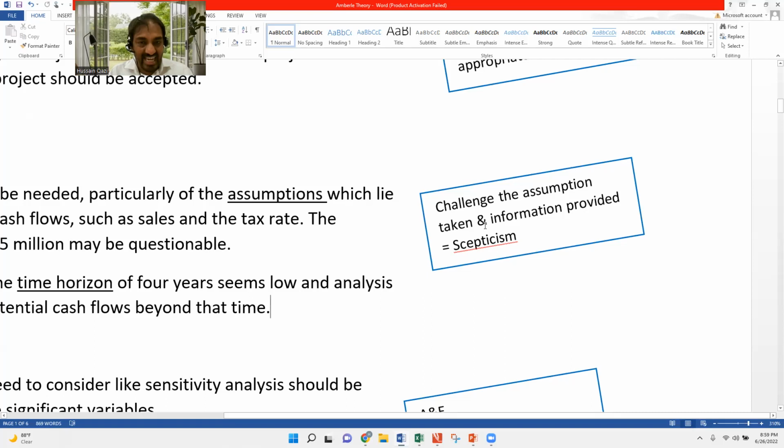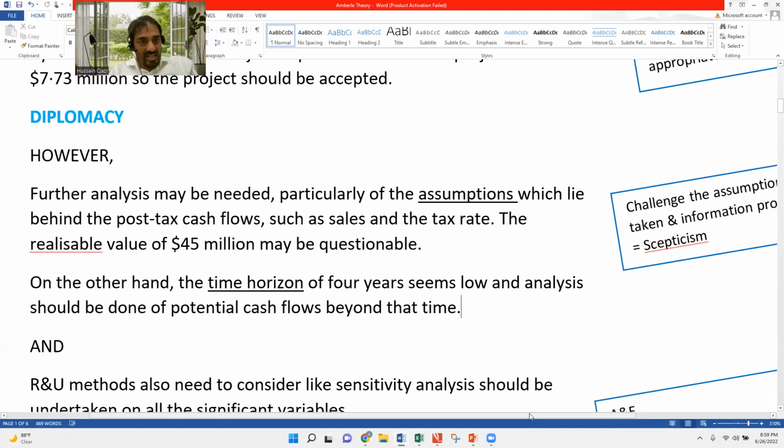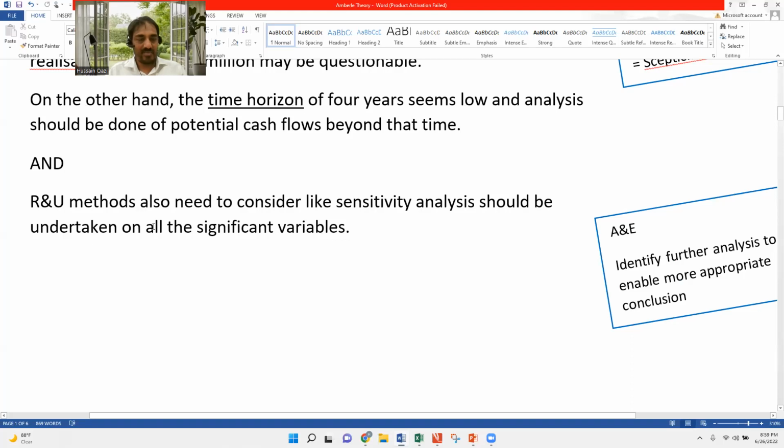Challenge the assumptions taken and information provided. During your answer, on one side you use the data and conclude your answer, but in parallel you use some diplomacy that challenges the information provided. And then final comments: the risk and uncertainty methods also need to be considered, like sensitivity analysis, probability analysis, expected values.